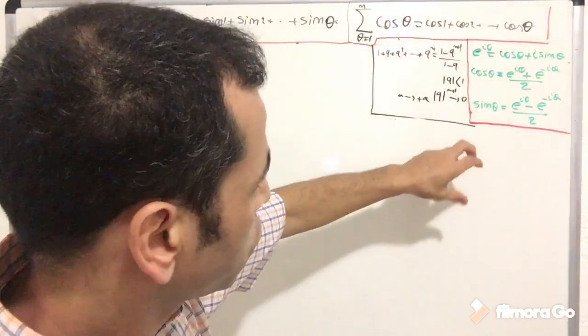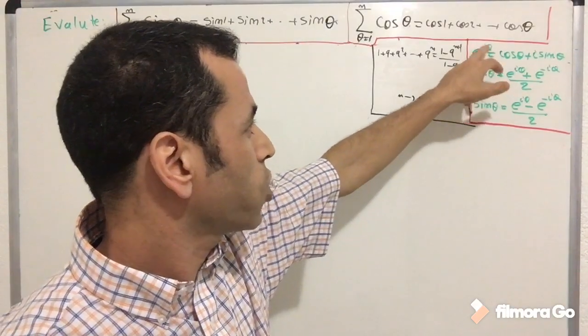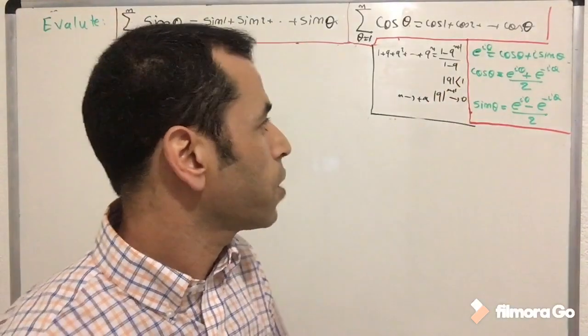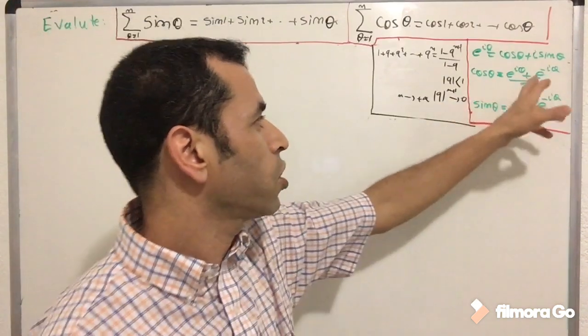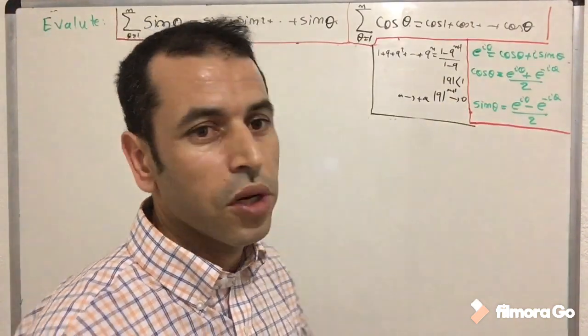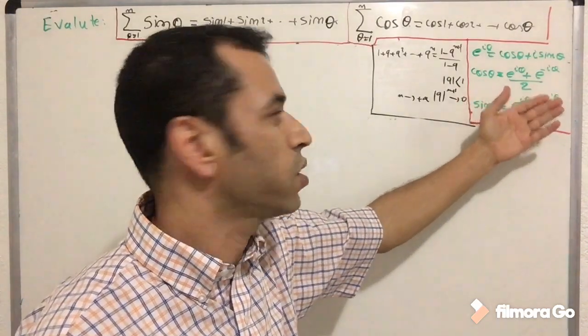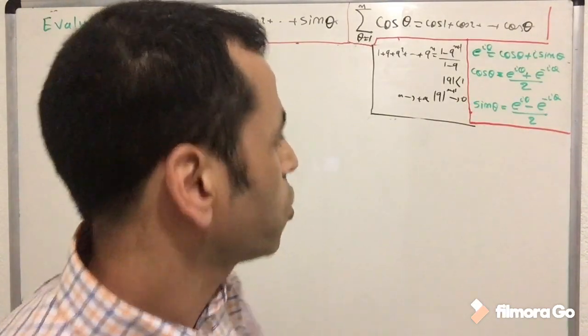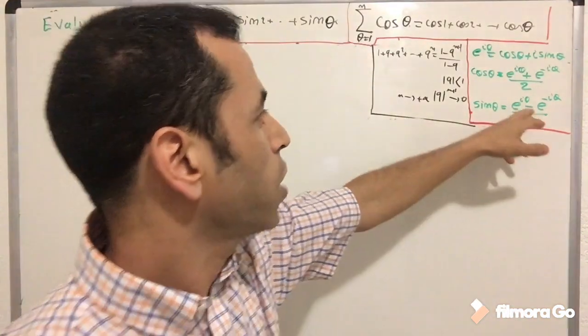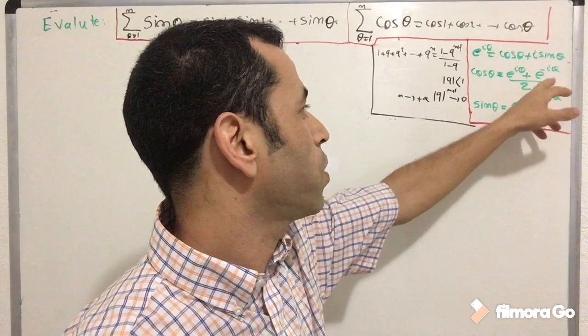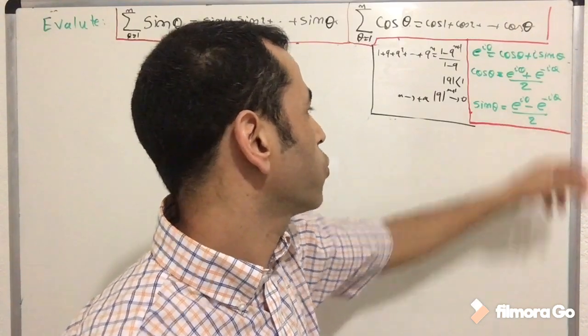So we have three equations. The first equation, exponential i theta equals cosine theta plus i sine theta. The second equation, cosine theta equals exponential i theta plus exponential negative i theta over 2. The last equation is sine theta equals exponential i theta minus exponential negative i theta over 2i.